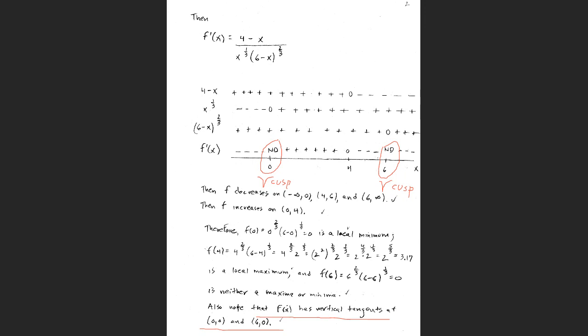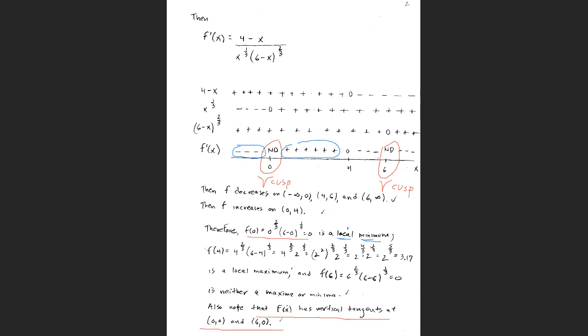And also, at f of 0 equals 0, you'll have a local minimum, because the first derivative switches. The function goes from decreasing to increasing at x equals 0. So even though the first derivative is not defined at x equals 0, x equals 0 is still going to be a local minimum.